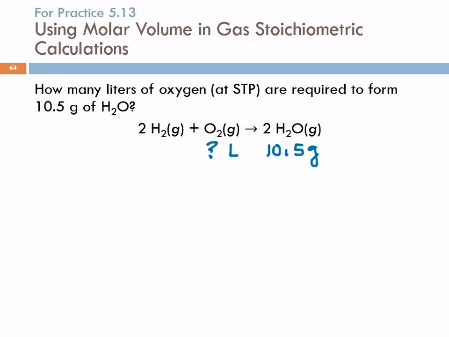We could use the ideal gas law to calculate the moles of oxygen, and then from the moles of oxygen to calculate the liters. Or, as the title of this example suggests, we can use the molar volume. So molar volume at STP of any gas is what? 22.4 liters per mole. So I'm going to use that one.